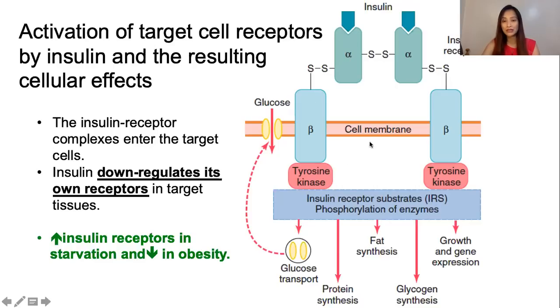When insulin attaches, its receptor is a tyrosine kinase-based receptor. It results in numerous intracellular processes that facilitate glucose transport intracellularly, and also stimulate anabolic processes such as protein synthesis, fat synthesis, glycogen synthesis, growth, and gene expression. So it's about building. That's why it's called an anabolic hormone.